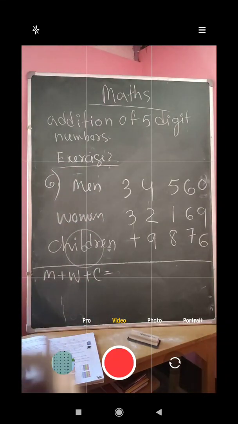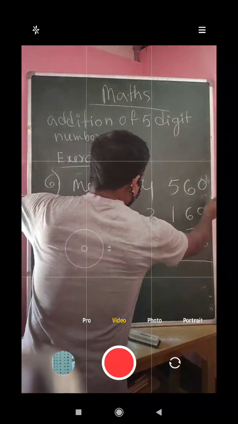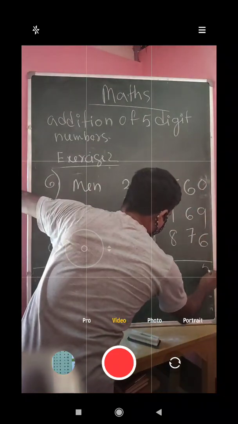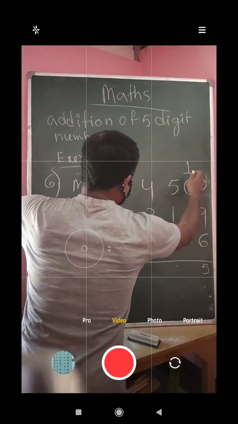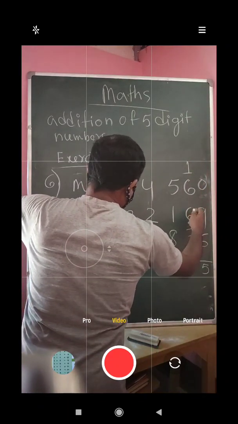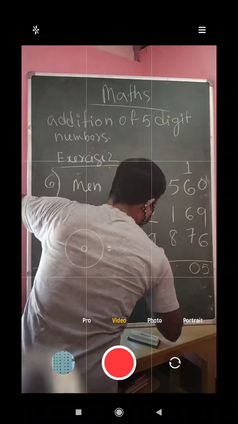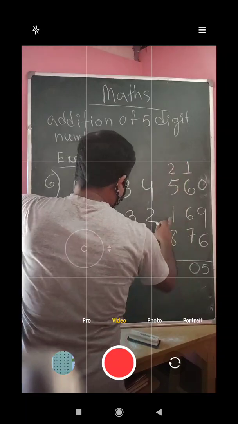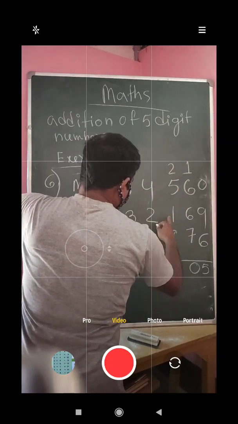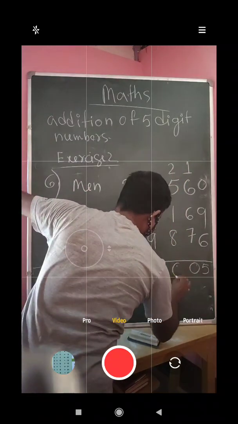So let us see. Normally from the right side, 9 plus 6 is equal to 15, 5, 1 will come here. So 6 plus 1 is equal to 7, 7 plus 6 is equal to 13, 13 plus 7 is equal to 20. So I'll write 0 here, 2 will come here. So 5 plus 2 is equal to 7, 7 plus 1 is equal to 8, 8 plus 8 is equal to 16. So 6 I have written here, 1 will come here.